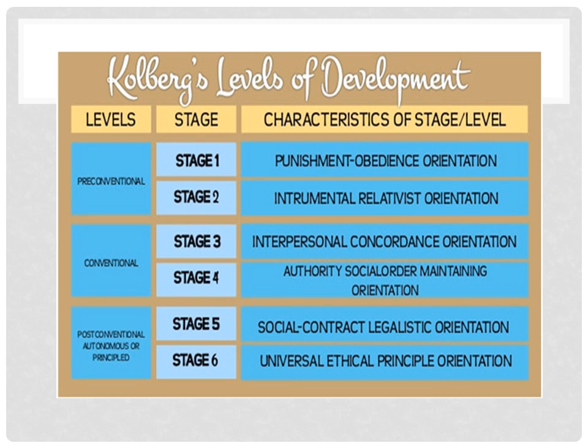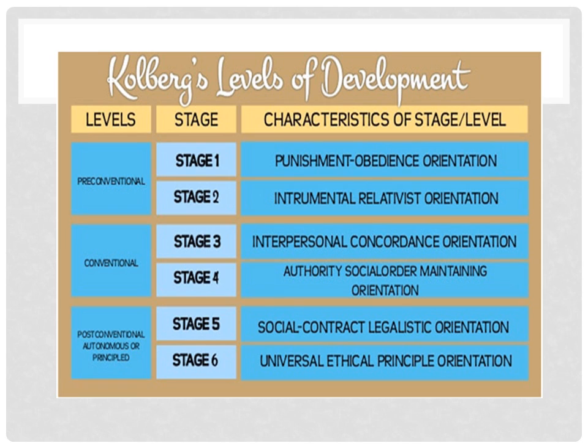All right, to better explain this, I've got an image from Google that explains it in an easier way. Here we have Kohlberg's levels of development. We have three levels: the first is pre-conventional, the second is conventional, and the last is post-conventional, which is the autonomous or principled level.